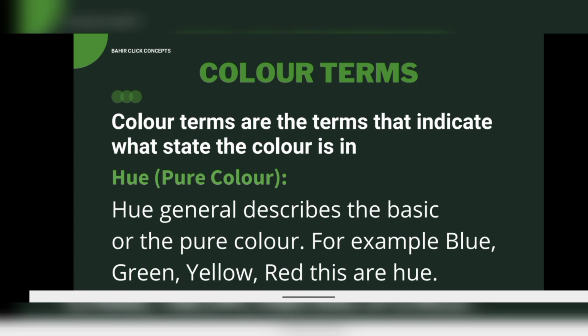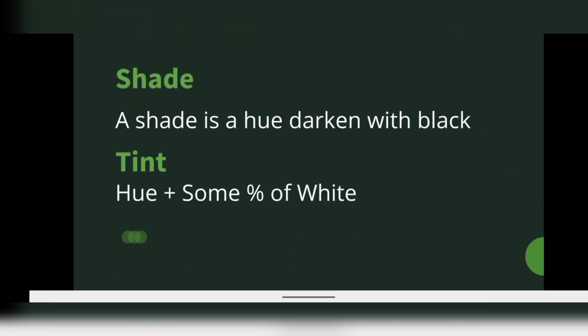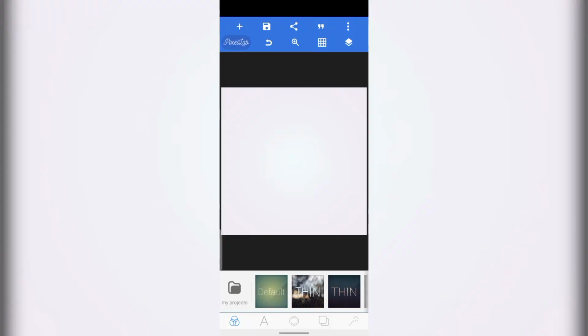These are hues. Now let's look at the second term, which is shade. A shade is a hue darkened with black. Now watch as I make a shade of green. Alright, this is Pixel Lab.